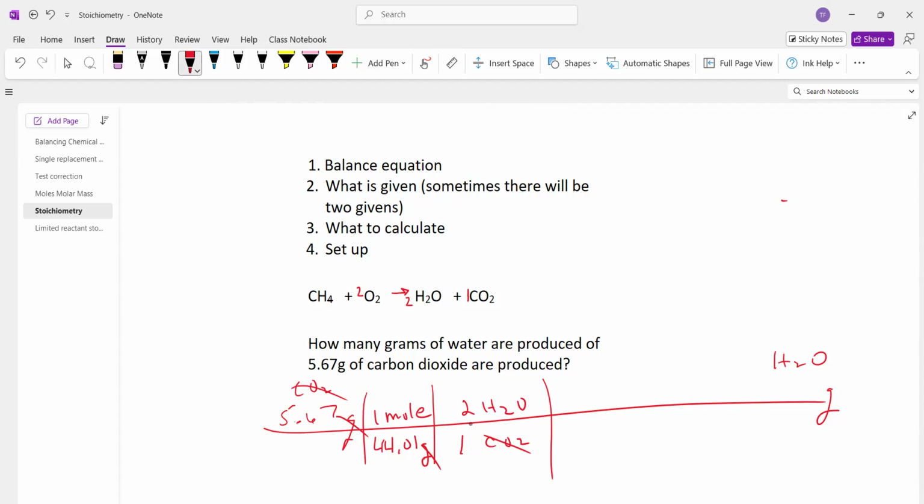All right, now we need to go from moles of water to grams of water. That's 18.02 grams per mole for water. Moles cancel, which gives us grams of water. That's what we're trying to calculate.